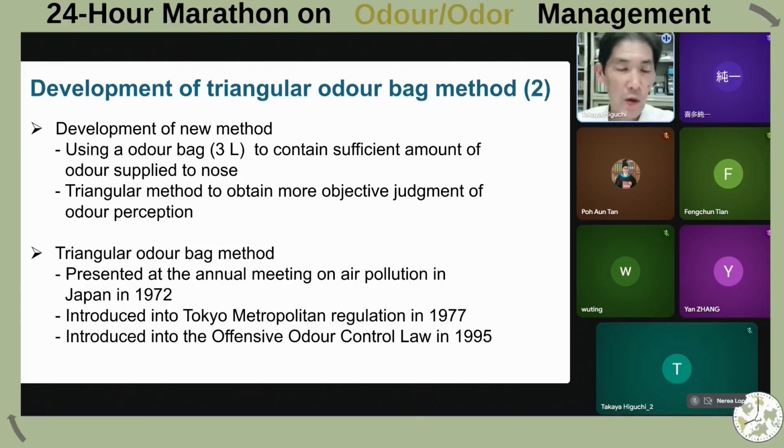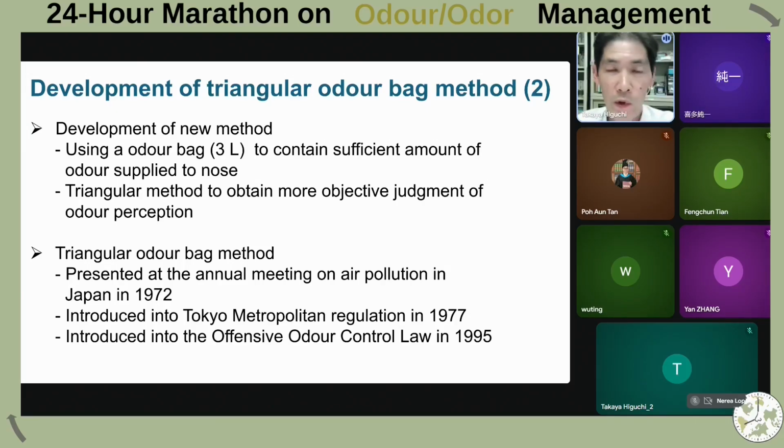In consideration of these disadvantages of the syringe method, a new method was developed in Japan. In this method, an odor bag with a capacity of 3 liters were used. This odor bag is used to contain sufficient amount of odor supplied to nose.